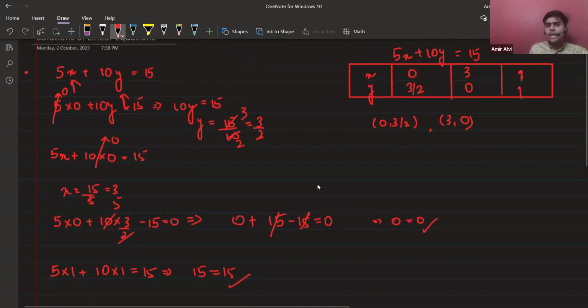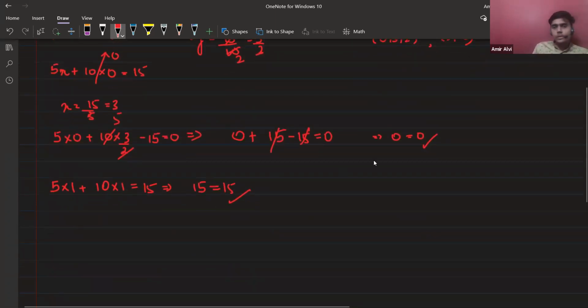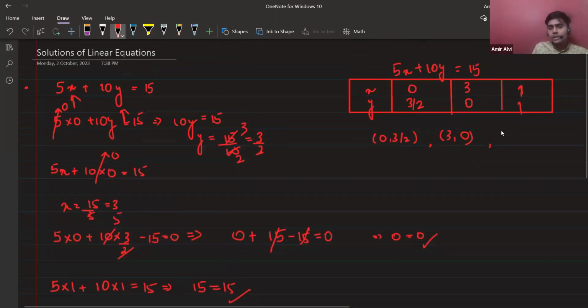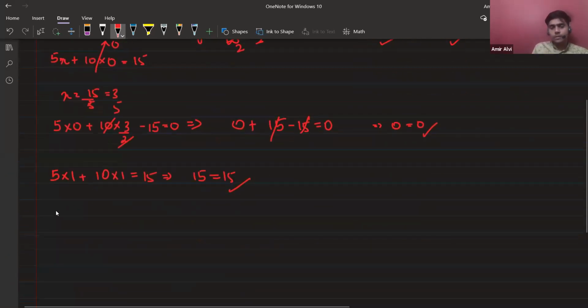In most scenarios, up to 4 solutions will be asked in the schools. A linear equation can have infinite solutions. Any doubt? No. Sure. So let me write it here. Your next pair is 1, 1. So these are called the solutions of the linear equation.